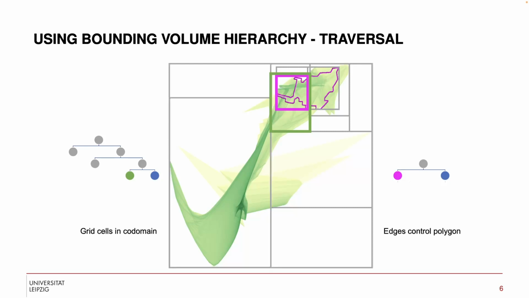If the control polygon bounding volume hierarchy has reached the leaves, we use the line bounding box intersection test because it generates fewer false positive cell edge pairs. A false positive cell edge pair is a pair that doesn't intersect in the real extraction test.